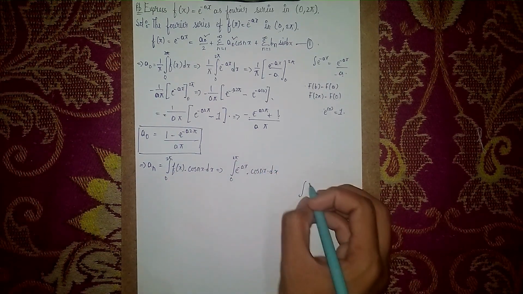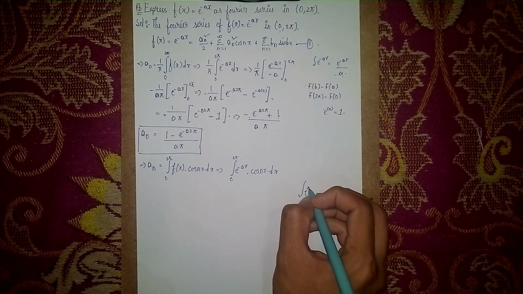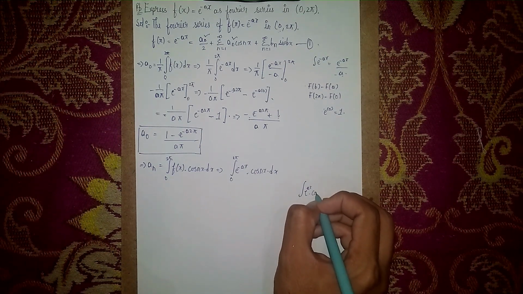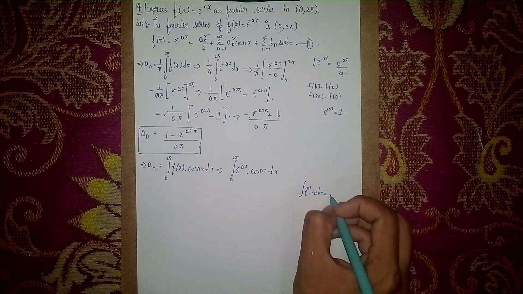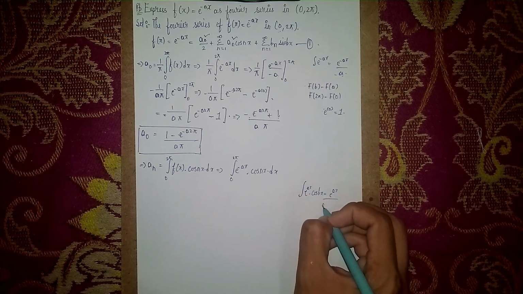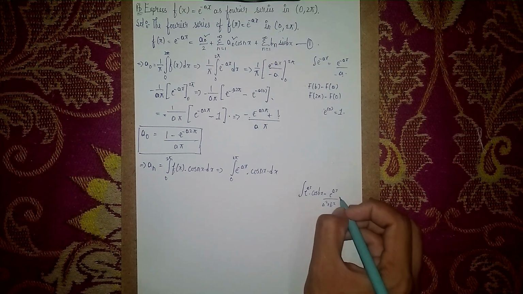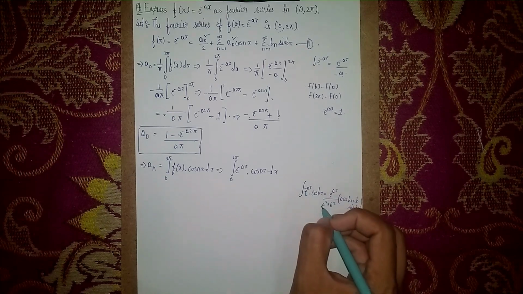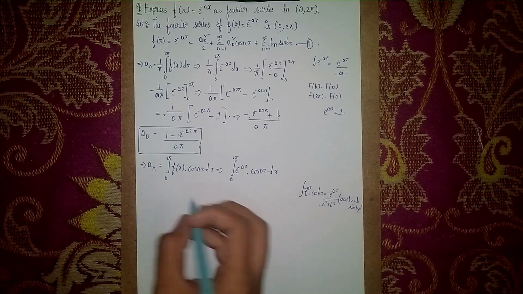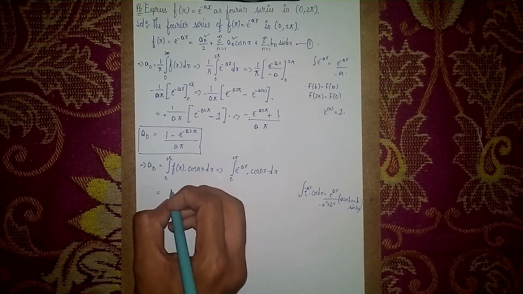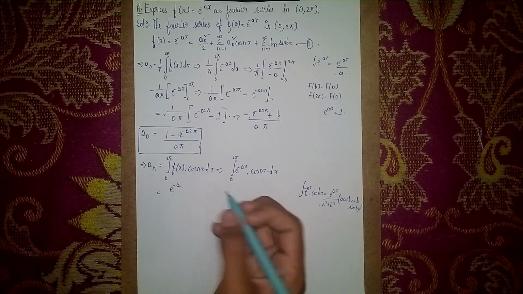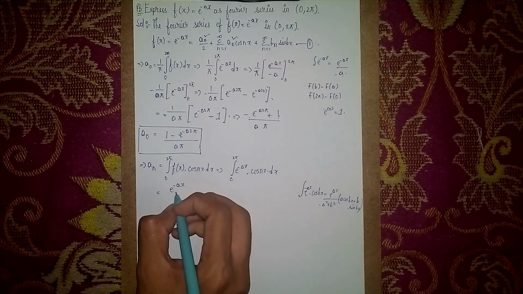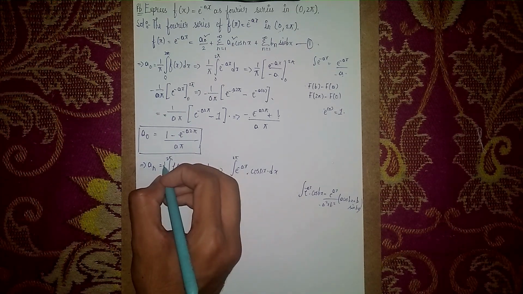It is in the form of integrate e power ax cos bx, which is equal to e power ax by a square plus b square into a cos bx plus b sin bx. Here, instead of a you have to put minus a. Don't get confused. So it becomes e power minus ax, and 1 by pi also comes in the formula.